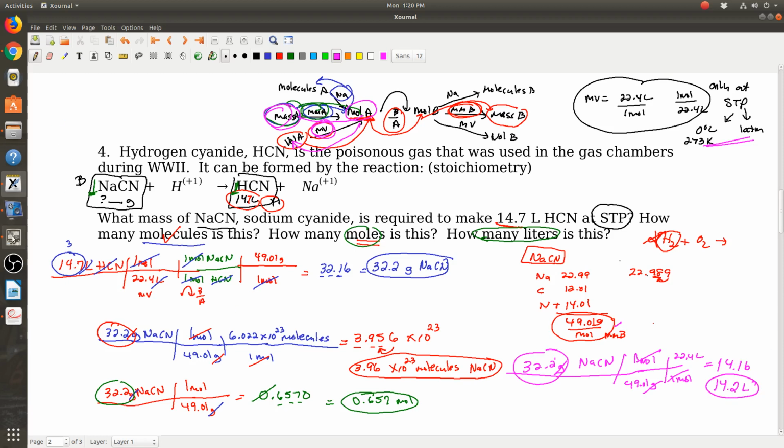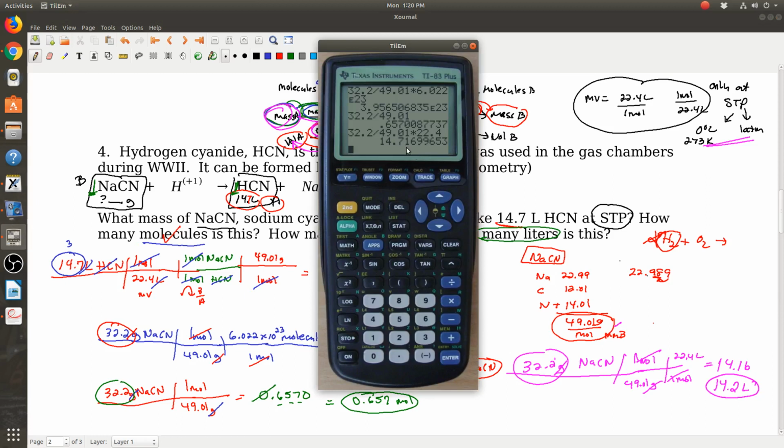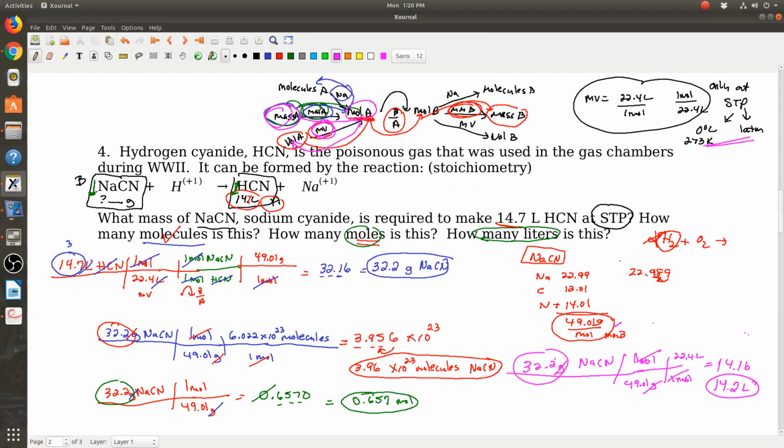I'm going to make sure. 14.716. Ugh, I didn't write the right answer. So it's 14.716. It's 14.7 liters. I just didn't copy it down right when I wrote it down. Be careful about that too. Transcription errors can cause you issues.